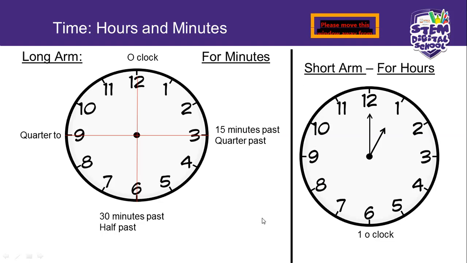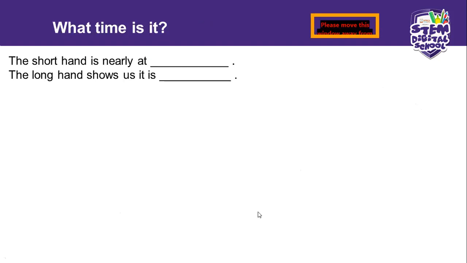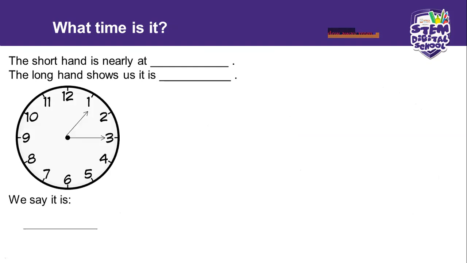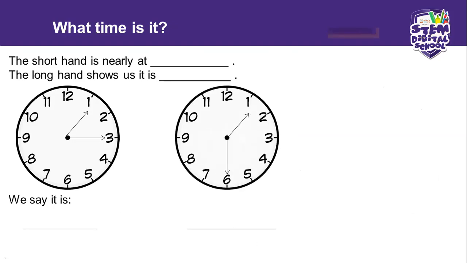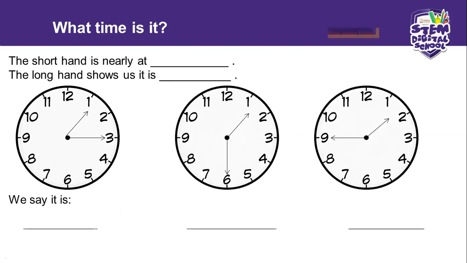Okay, you can always drop them also on my email address. Okay, so now I want you to look at this. I want you to draw on your exercise book these 3 faces of your watch or your clock.